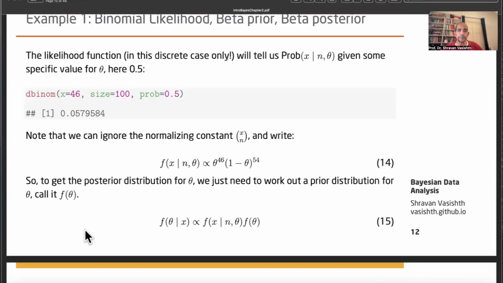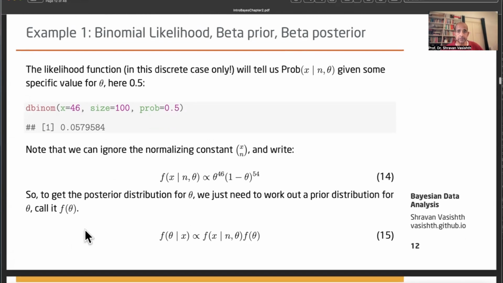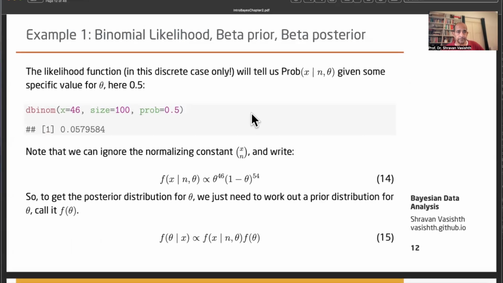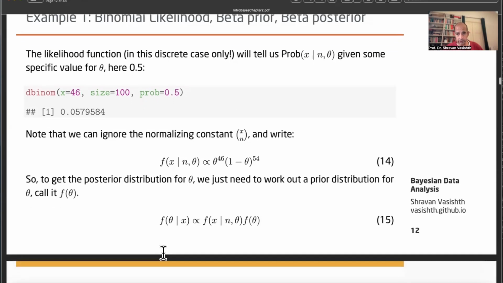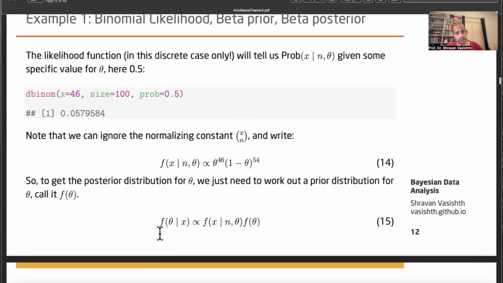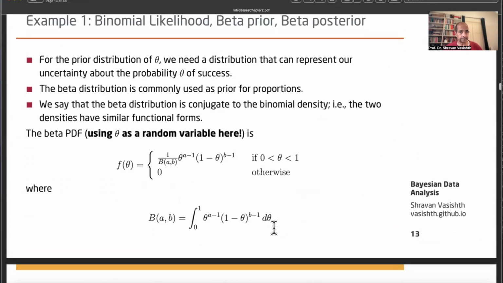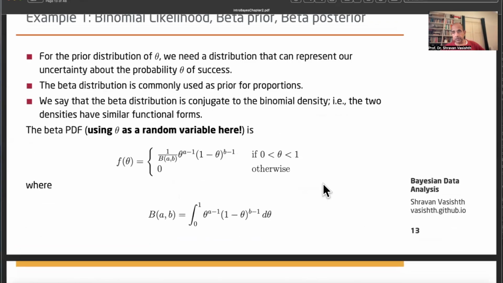Let's talk about this discrete case of the binomial likelihood. This is just what I've been talking about: our goal is to figure out the posterior distribution of theta given the observed data. We're going to do that by applying equation 15, which tells us, up to proportionality, what the posterior for theta is.